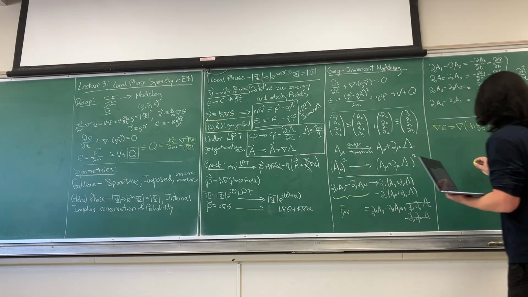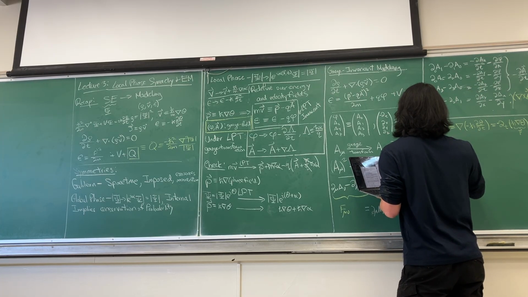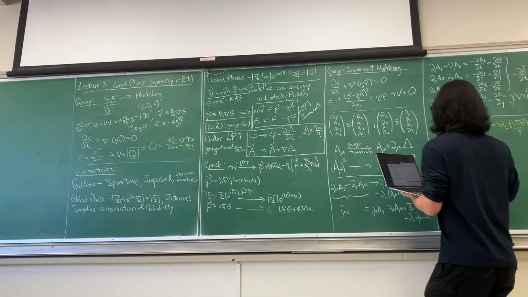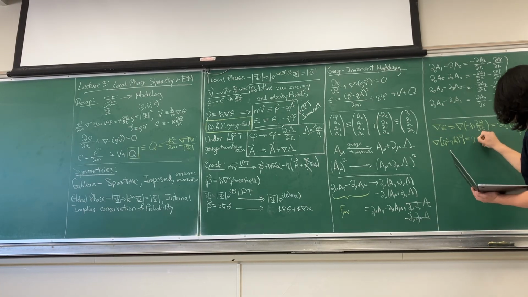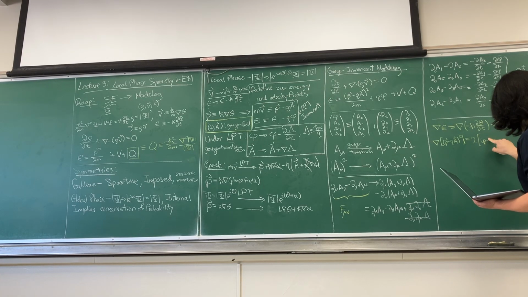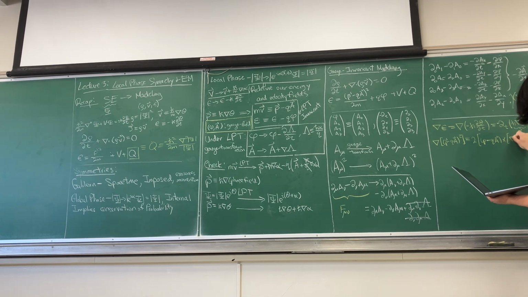So the gradient of p minus qa quantity squared is going to be equal to, if you look in the notes I have, 2 times p minus qa crossed with the curl of p minus qa.